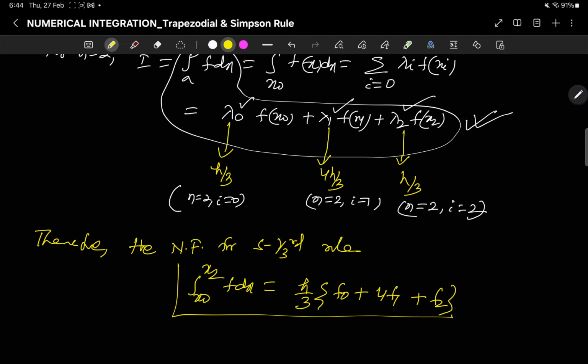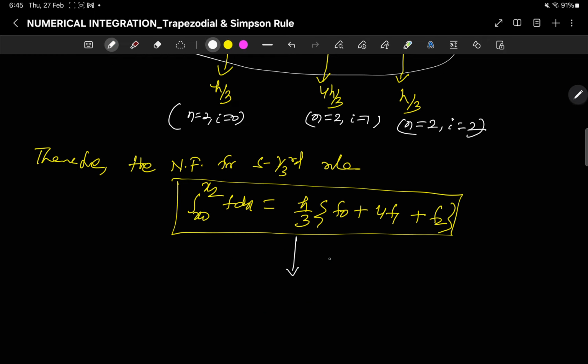If we want to write it in terms of a and b, here integral a to b f(x) dx, a is equal to x0, b is equal to x2, means we have x0, x1 and x2.